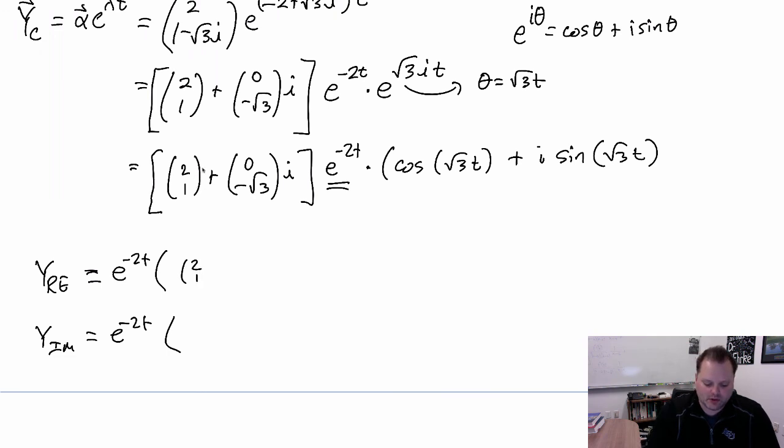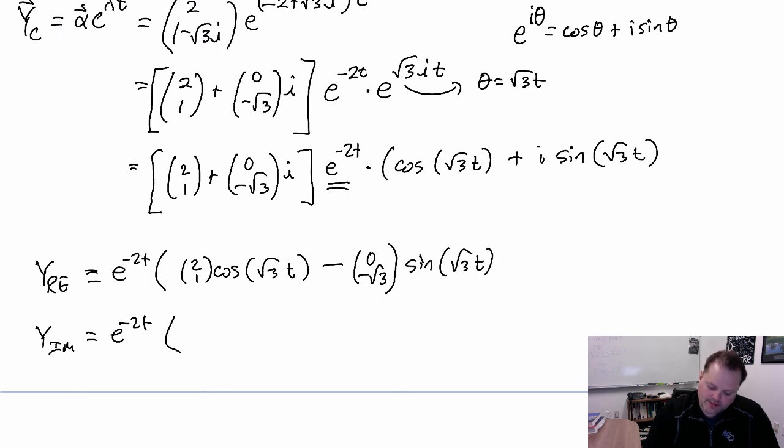So it would be 2, 1 cosine root 3t. And then it would be minus, because of the i squared, i times i gives you negative 1, 0 negative root 3 sine root 3t. And then the imaginary solution would be, let's see, you're going to get 0 negative root 3 times cosine.